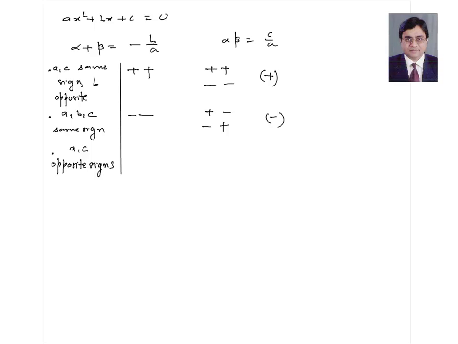Yes, that's right. One is plus, other is minus. Now, if there is any question about the third part, then let me know, or I will move on further. I think I'll be taking problems now.